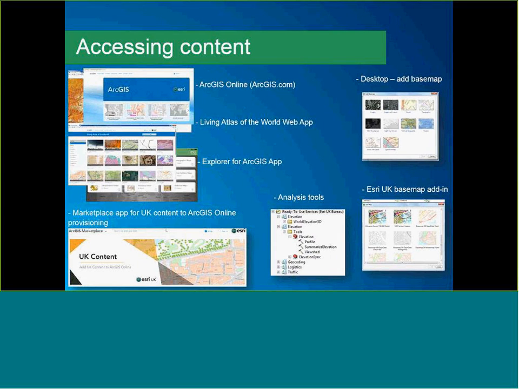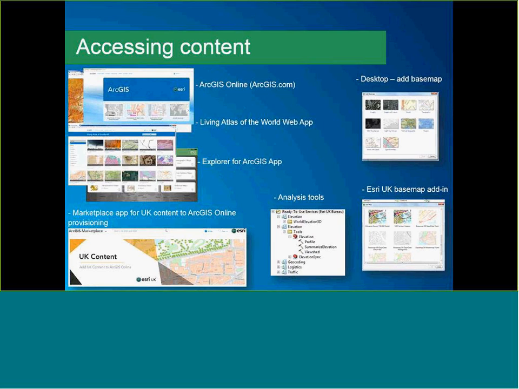In desktop you can obviously add base maps and add Living Atlas themes now, which is a fairly new thing. And then we also have the UK base map add-in that's available. So the one in the middle is an interesting one where some of the analysis tools, so through ArcGIS desktop toolbar tools, now are accessing some of these services.